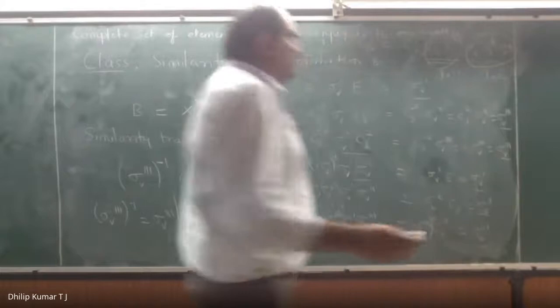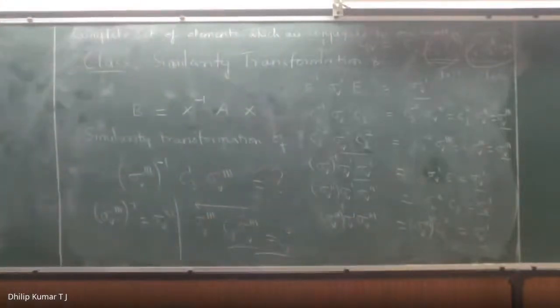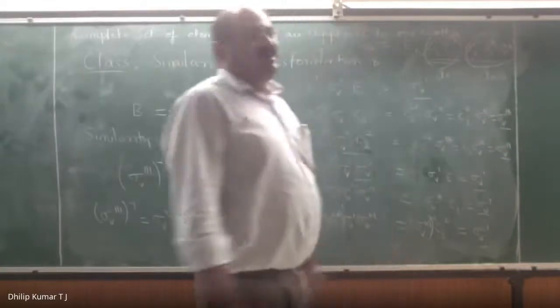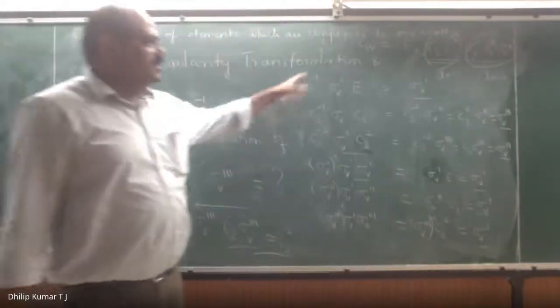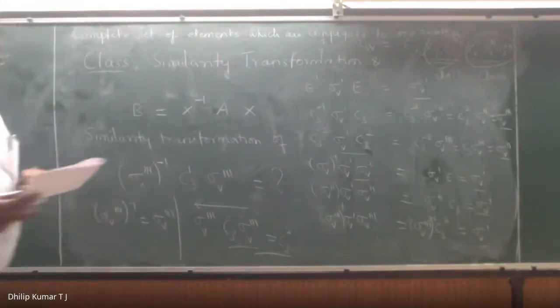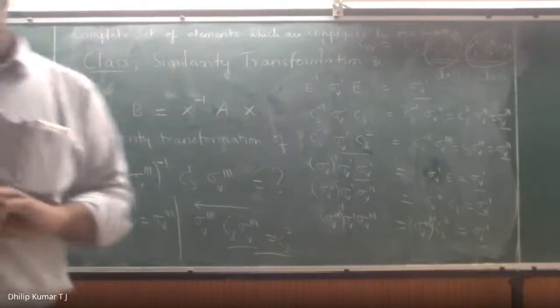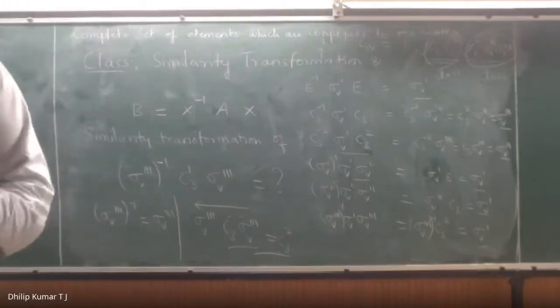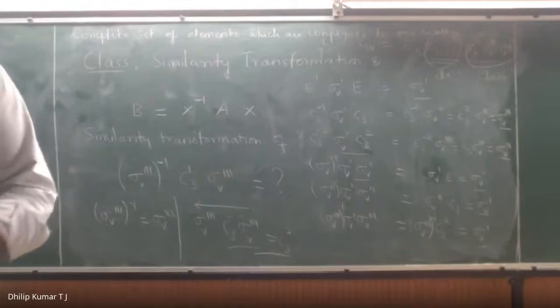As homework or practice, you try it for C3 2 and sigma V triple prime. You take that, operate all the elements and find the solution. Confirm for yourself. So any questions so far?